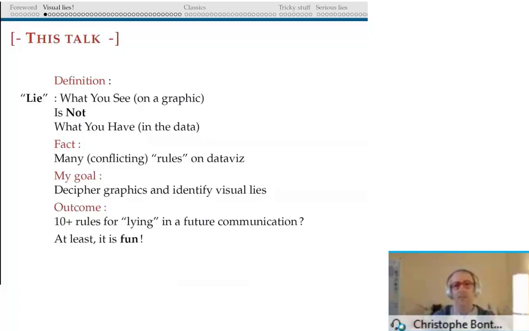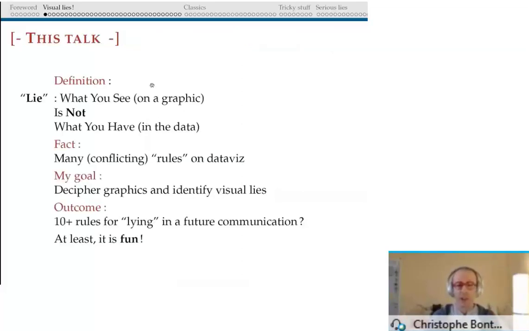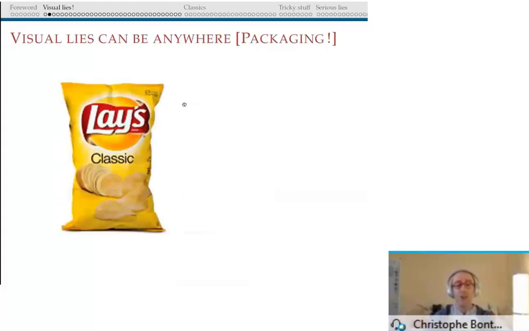So we start by emphasizing the fact that visualies can be anywhere. For example, you probably love that kind of chips, potato chips. And you know that inside the bag, it's not full of potatoes, right?